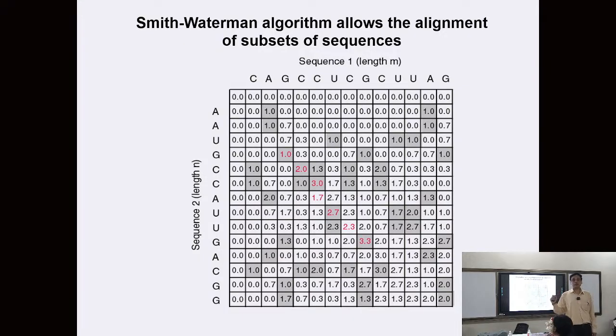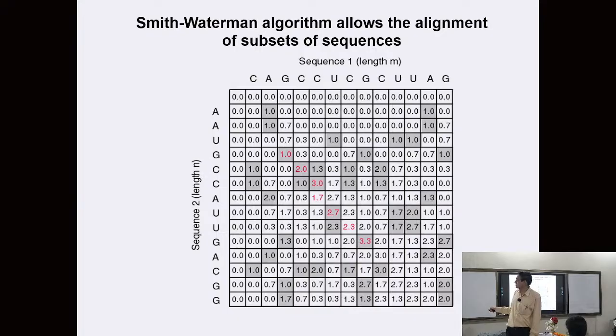Once you have filled up the matrix, identify the best score in the matrix, and then you trace back. Can you see the highest score in this matrix? It is 3, marked by red color coding. So 3 by 3, and then you trace back.